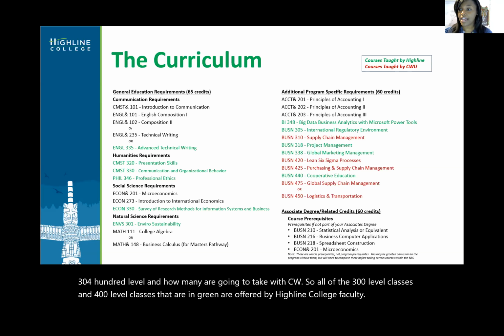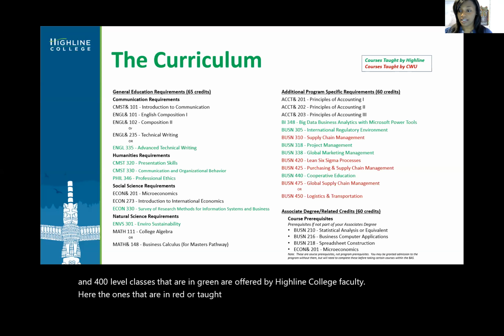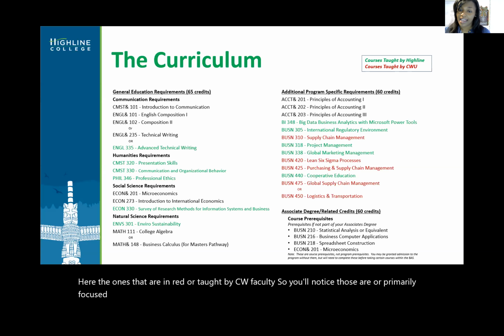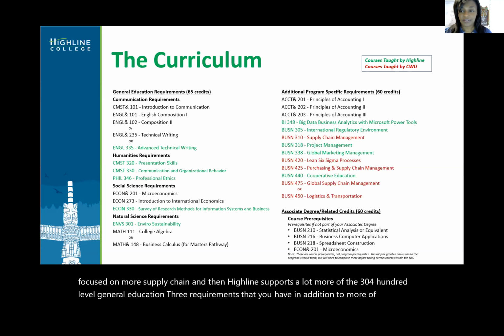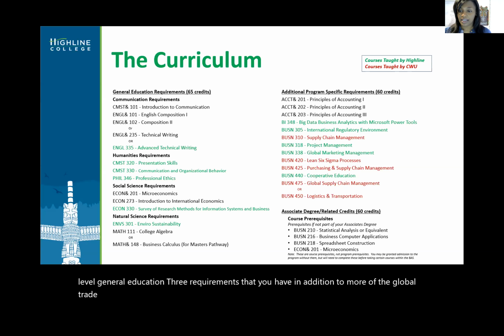The ones that are in red are taught by CWU faculty. You'll notice those are primarily focused on supply chain, and then Highline supports a lot more of the 300, 400 level general education requirements that you have, in addition to more of the global trade focus. And then you get some of the really important classes like your BI 348 in there as well.